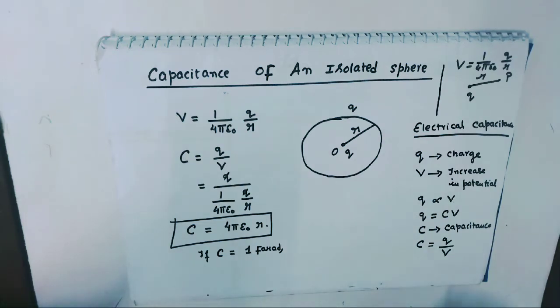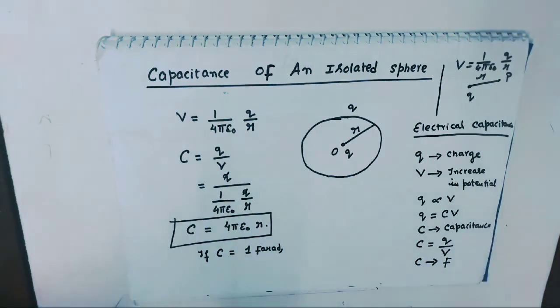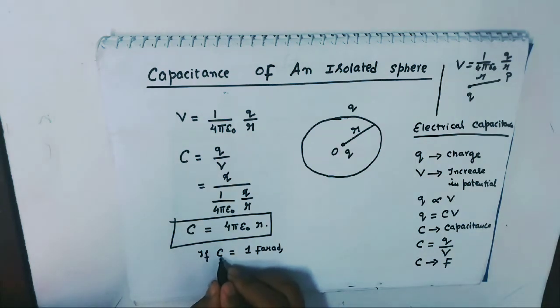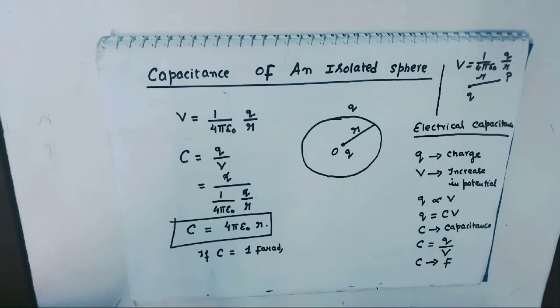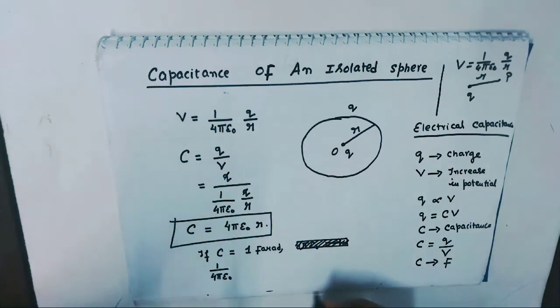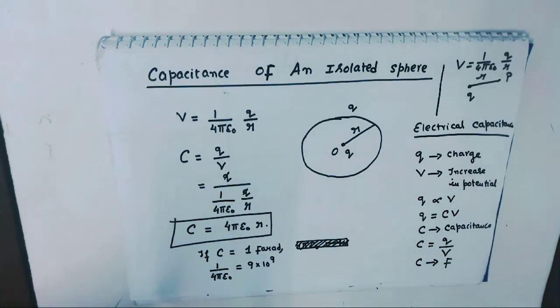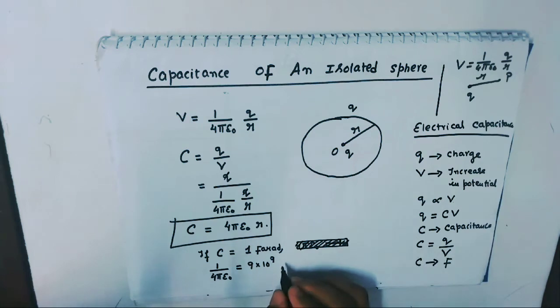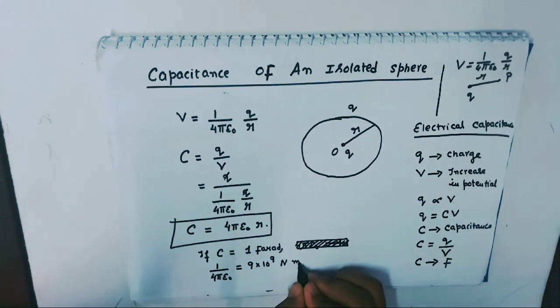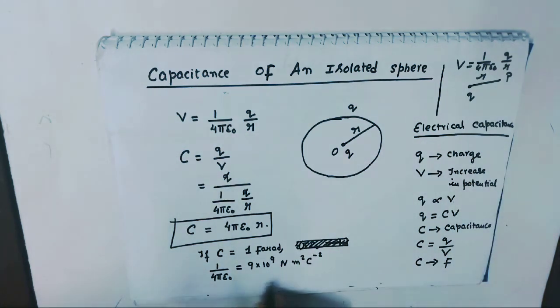Remember that the SI unit of capacitance C is farad, or F. So if C is equal 1 farad, and we also learned that the value of 1 by 4 pi epsilon naught is approximately equal to 9 into 10 to the power 9, then the unit is Newton meter square C to the power minus 2. So this is the unit.